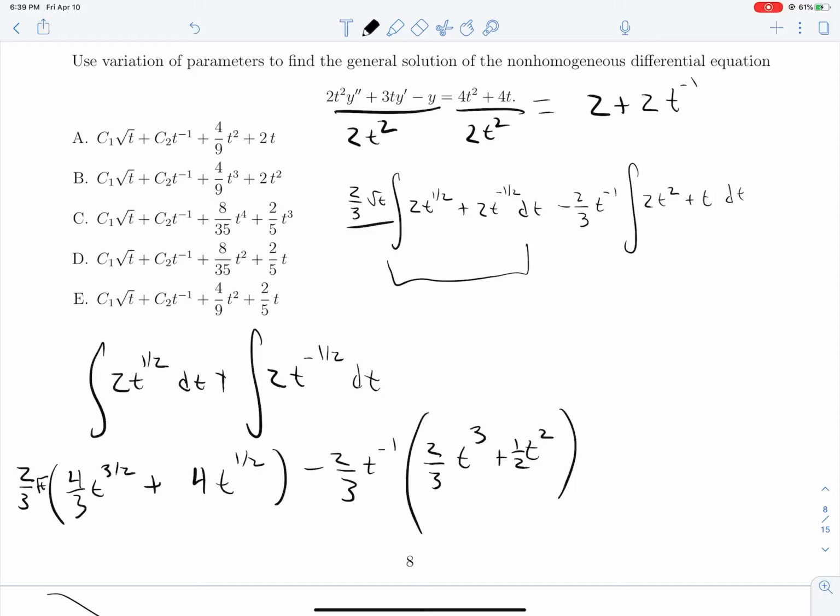We are almost done. Over here we will get 8/9 t squared, and 8/3 t.